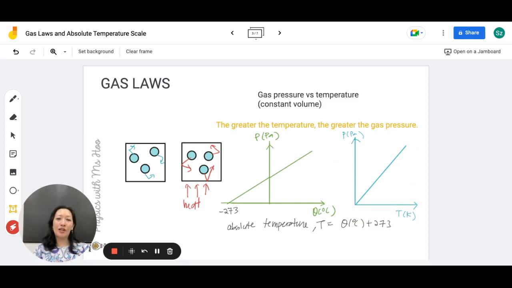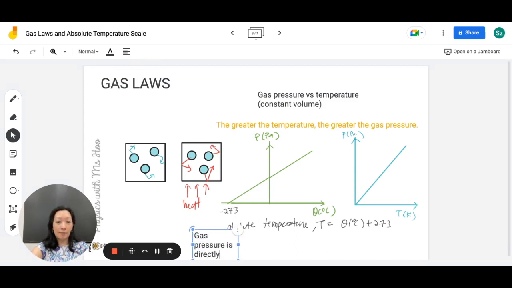So this is the relationship of this particular law. In this case, I'm going to write it out for you. The gas pressure is directly proportional to the absolute temperature. Now, of course, there are some caveats here, provided, I'm spelling this wrong.